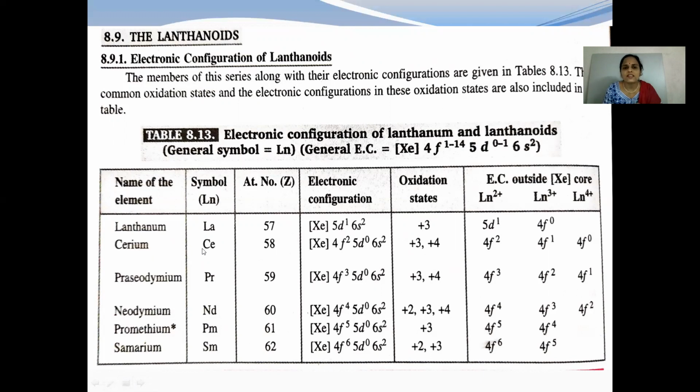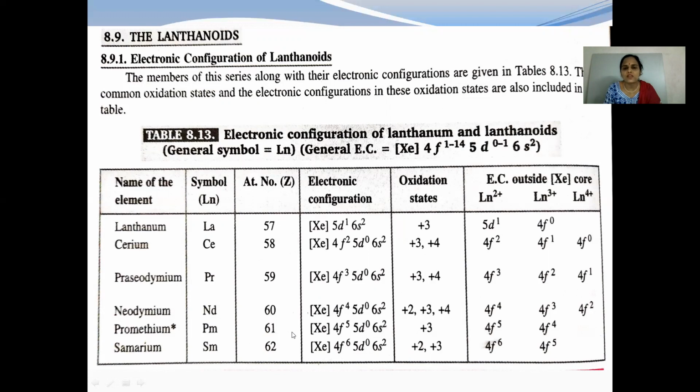After lanthanum is cerium with atomic number 58, and its electronic configuration is Xe 4f2 5d0 6s2. Then praseodymium, electronic configuration is Xe 4f3 5d0 6s2. Neodymium, Xe 4f4 5d0 6s2.